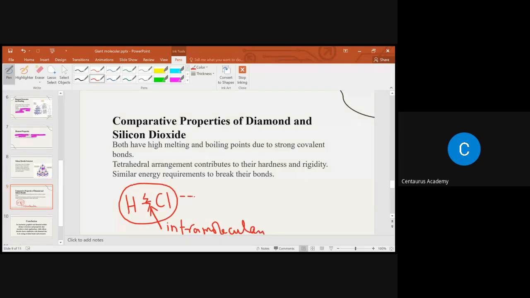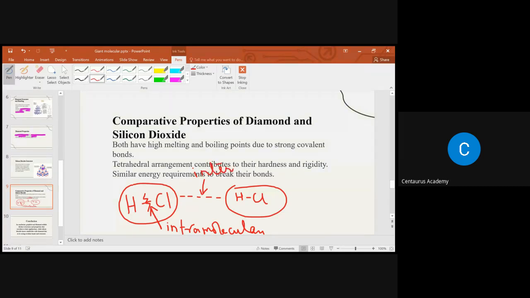However, if I say that this is another hydrogen chloride molecule, then between these two different hydrogen chloride molecules, this dotted line is known as intermolecular forces of attraction.